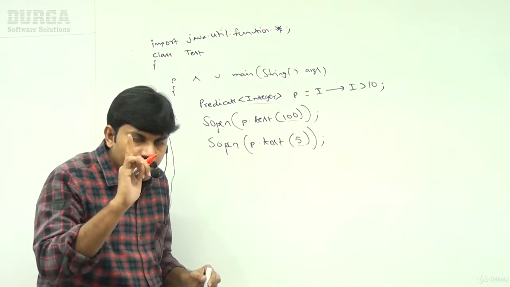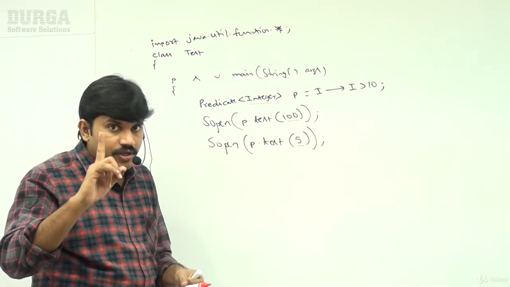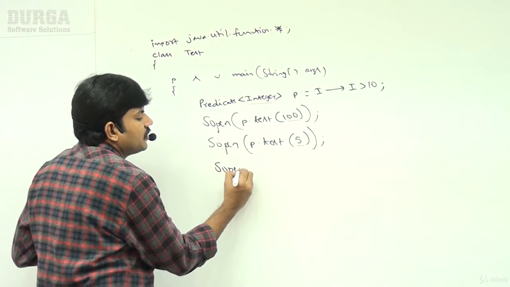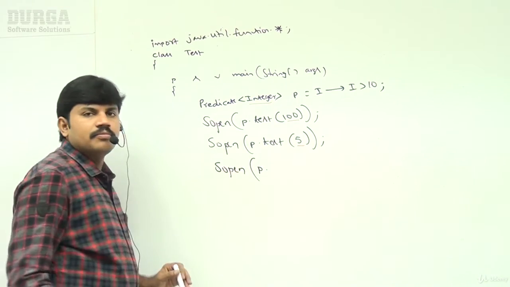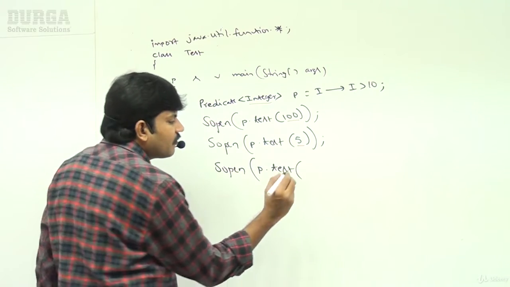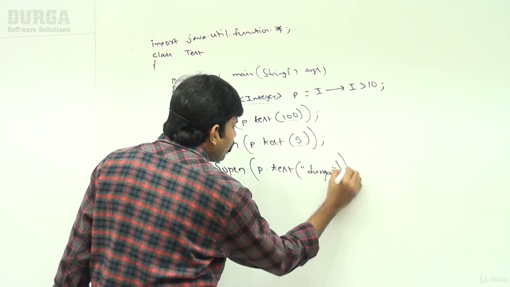By mistake, if you provide any other type, immediately you are going to get a compile-time error. Remember this. Suppose I want to pass System.out.println p.test of Durga.